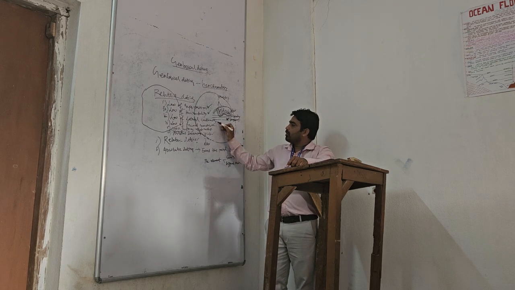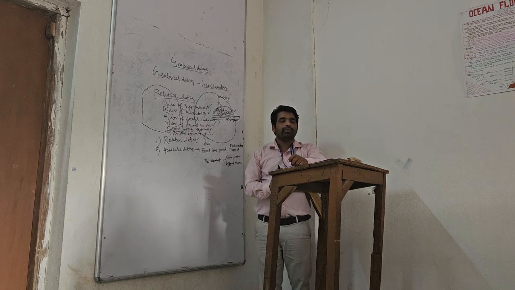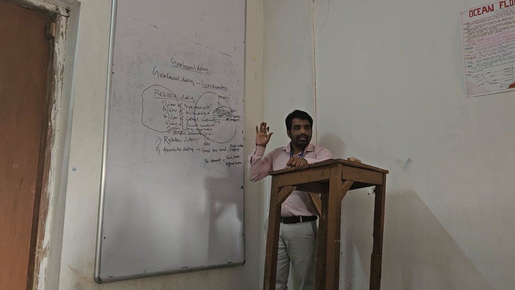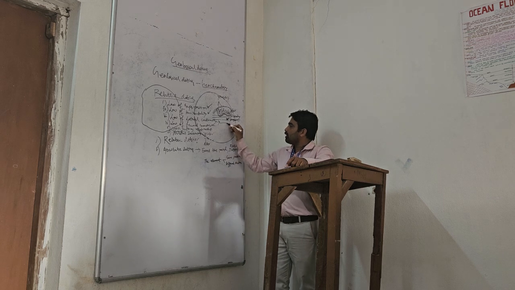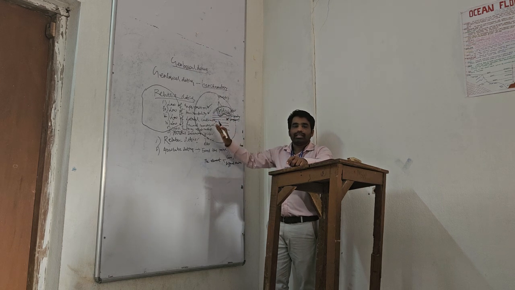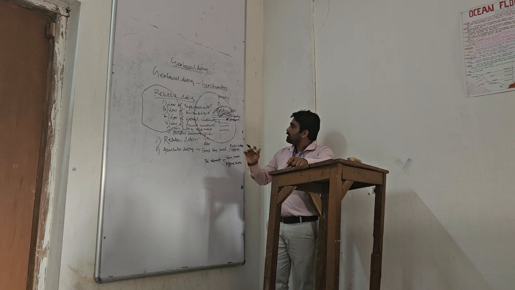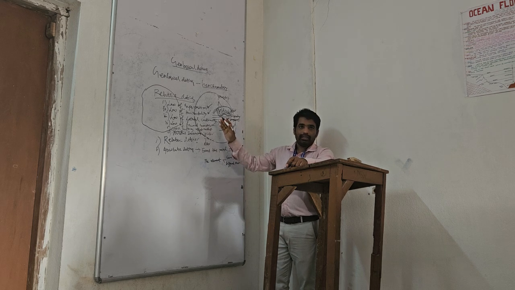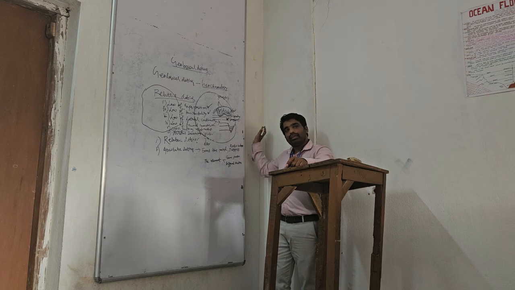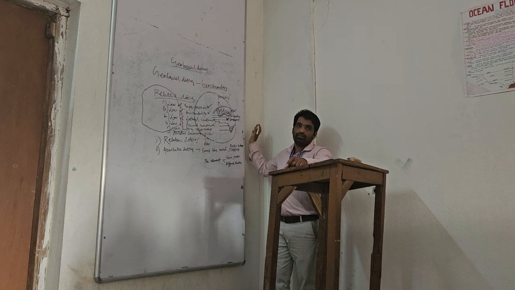Then we come to continuity. Continuity means any bed getting deposited is continuous in nature. It is continuous everywhere. If this bed is cut by a river profile, then the bed will reappear on the other side also.